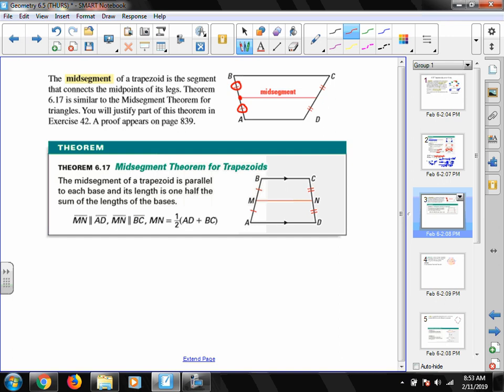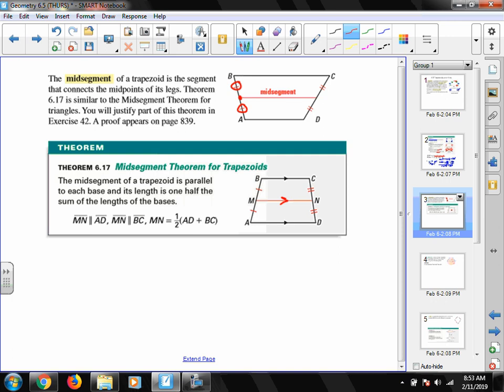So, the mid-segment theorem for trapezoids now. Your mid-segment is going to be parallel to both of these bases. So AD and BC are parallel to each other. MN is actually parallel to them as well.